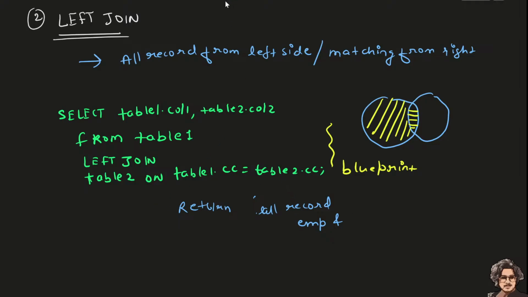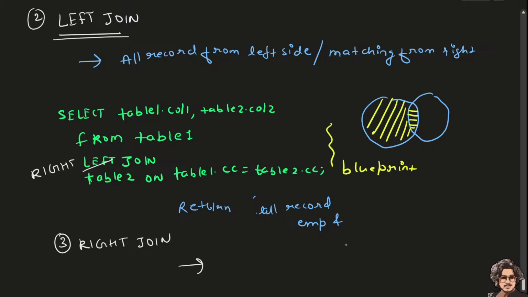Similarly, moving to the next one, the right join. In a right join, we simply write right in place of left, then join on the basis of something.